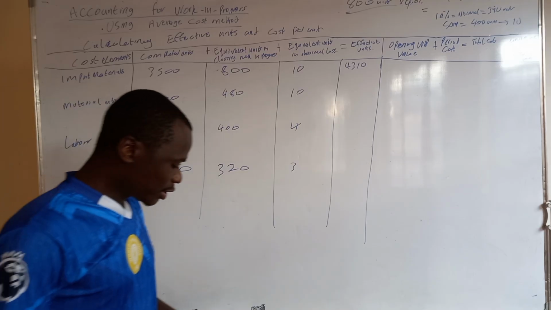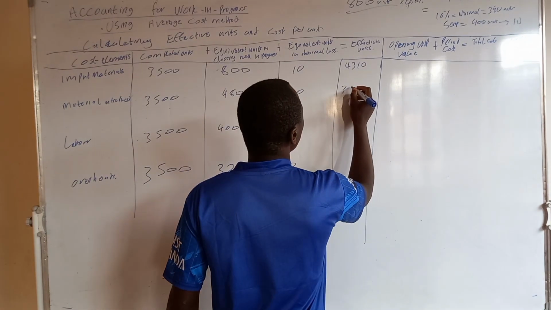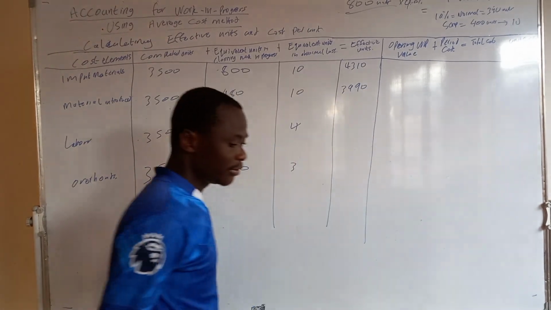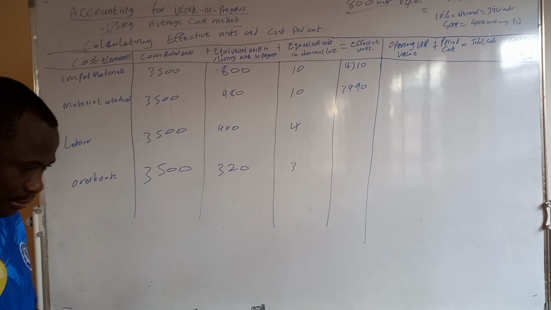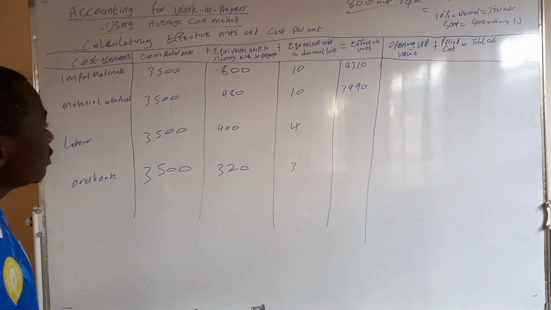That is 3,990. Materials introduced is 3,990.